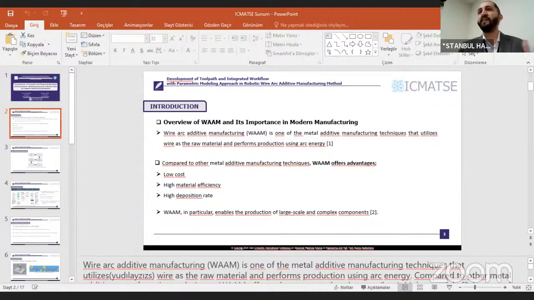Compared to other metal additive manufacturing techniques, WAAM offers advantages such as low cost, high material efficiency, and high deposition rate. WAAM, in particular, enables the production of large-scale and complex components. This is one of the primary reasons for the increasing preference for WAAM in recent years.